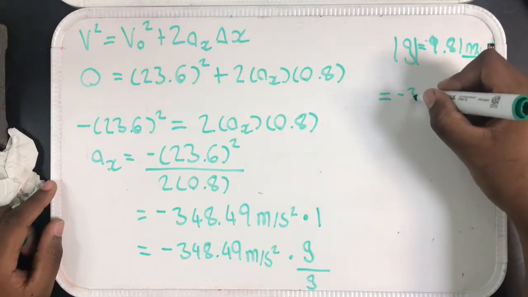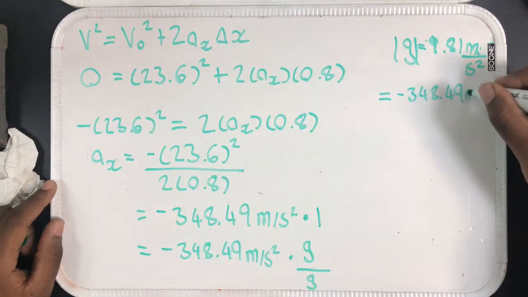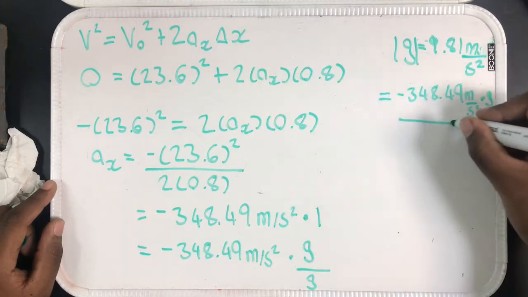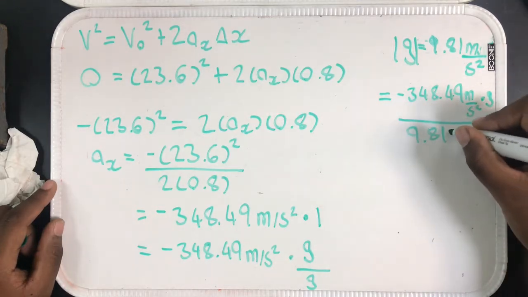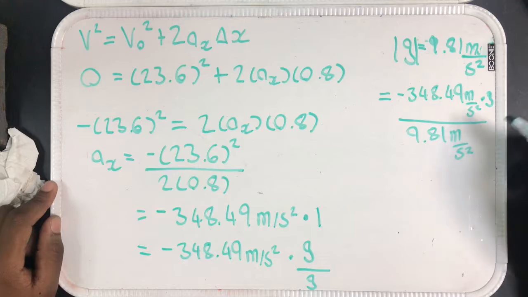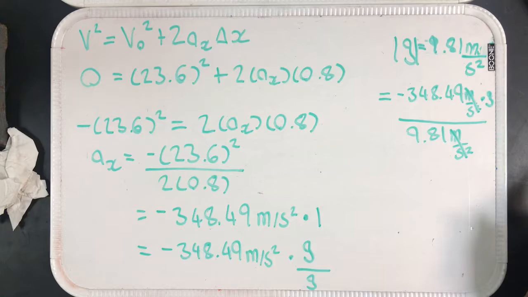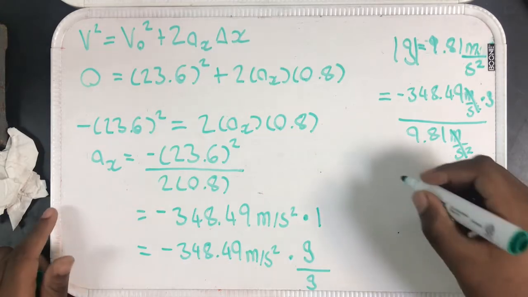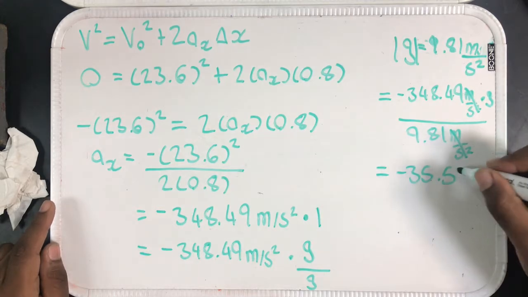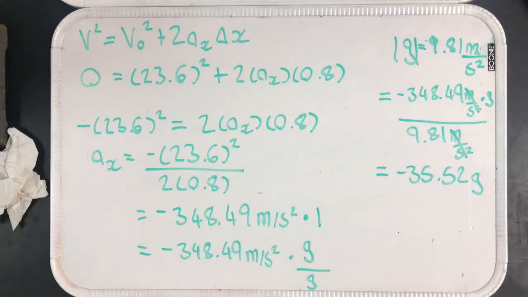So I have minus 348.49 meters per second squared times G divided by 9.81 meters per second squared, because I want to keep this G up here and I want to remove these units. So this cancels with this, and I end up with 35.52 G.